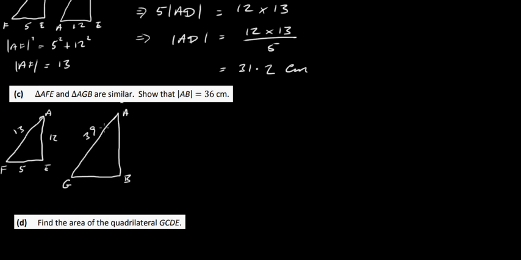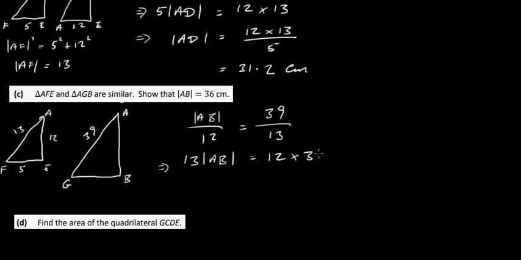So let's just write all this down again. So we're going to say AB, the distance from A to B, over 12. So this distance over 12 is going to be equal to, well, we have to use 39 here over its corresponding side, which is 13. So let's just multiply this across again. So we've got 13 times the distance AB is equal to 12 times 39.